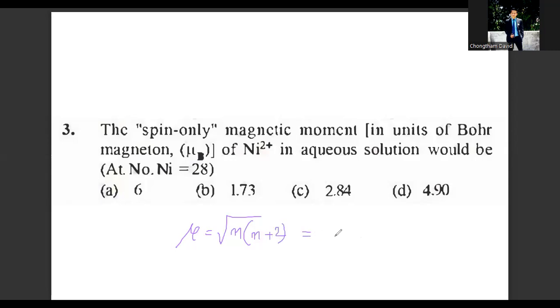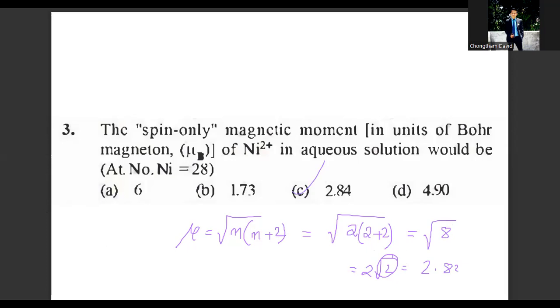Now the unpaired electrons equals 2. So 2 into 4 is 8, and root 8 equals 2 root 2, and you know the value of root 2 is 1.414, so the answer would be 2.82 Bohr magneton.